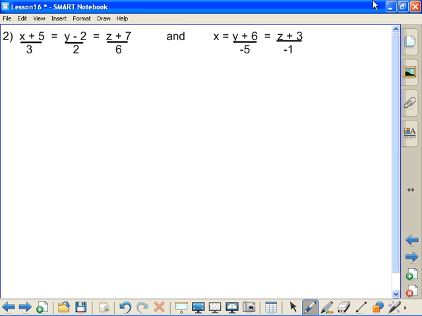Going through this, again, I don't like symmetric form for this particular process, so I'm going to write it out again. x1 equals negative 5 plus 3t. y1 equals 2 plus 2t. And now z1 equals negative 7 plus 6t.